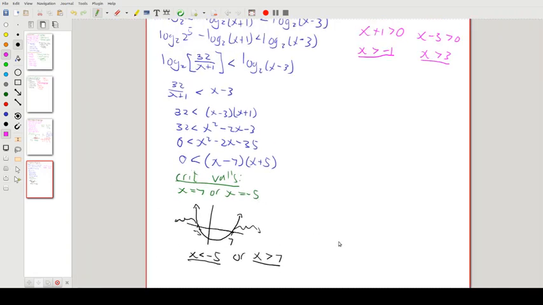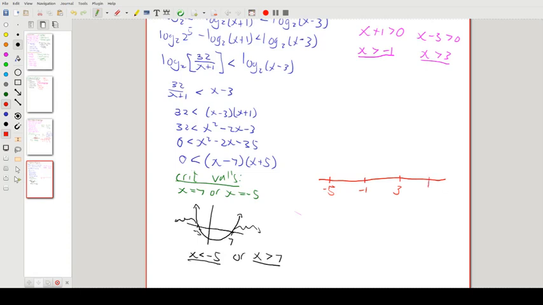And let's draw a number line. Right, so our number line, right over here. And what values do we have? Well, we've got negative 5, 7, negative 1, and 3. Smallest one is negative 5. So there's negative 5. Then we've got negative 1. And then we've got 3.